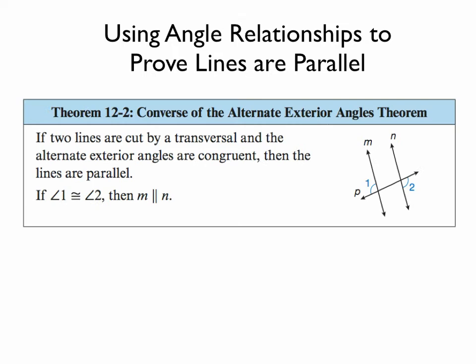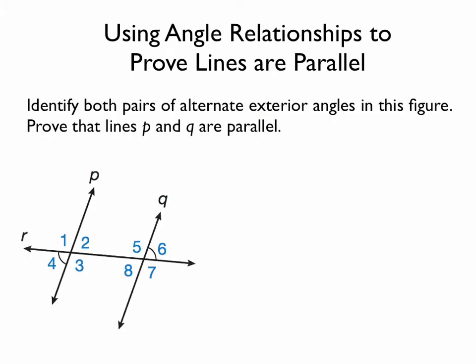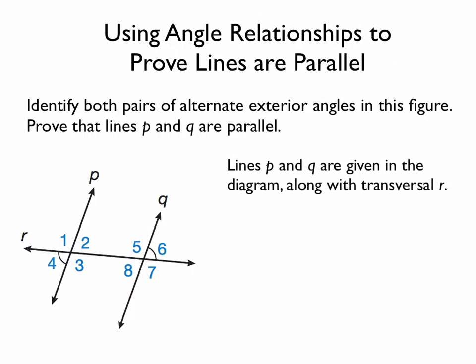So here's another theorem. This one's called the converse of the alternate exterior angles theorem. Now let's apply this theorem. We are to prove that lines P and Q in this diagram are parallel, and we are given, of course, that angles 4 and 6 are congruent.